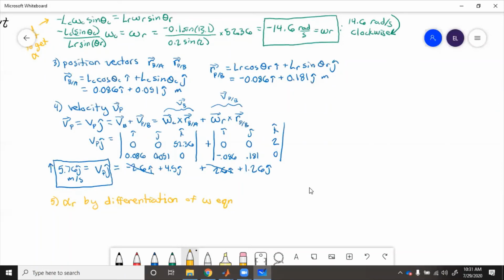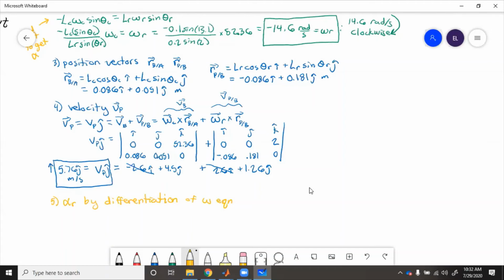Here we'll have to use product rule. Because we'll have, the length doesn't change, and omega C doesn't change either, but theta C changes. Now on the right side, omega R might change. And actually, omega R dot is the alpha that we're trying to find.